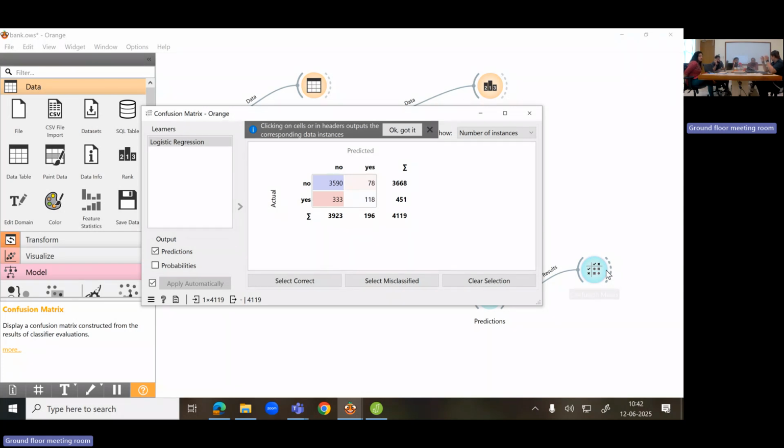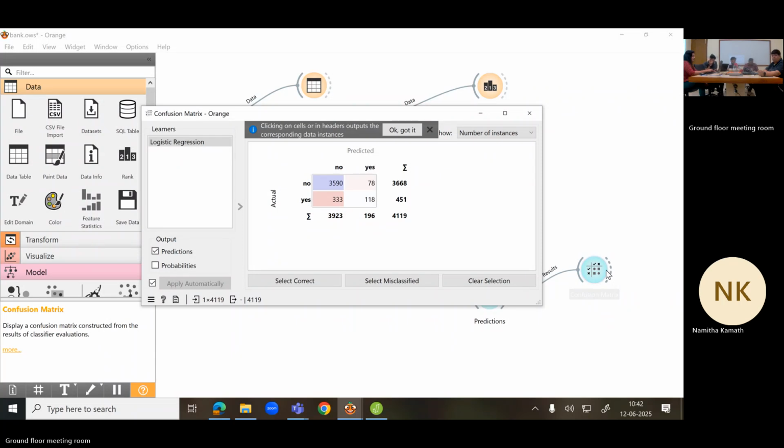It is correctly predicted negative class, so it is called true negative. So 3590 is true negative.